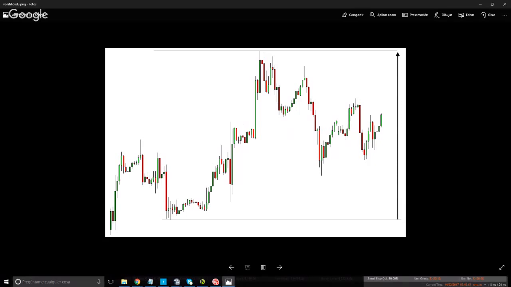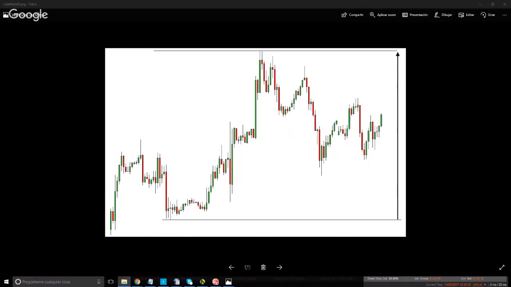And these measures of volatility, the traditional ones, what they are measuring, in fact, is risk. They are measuring the amount of pips, in this case, a market can move against me, right?